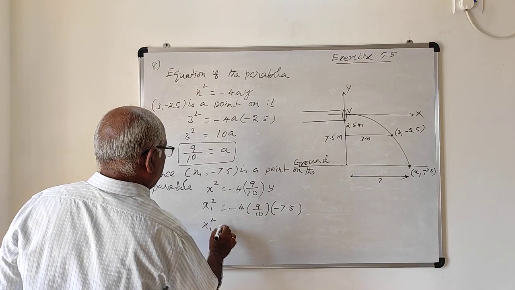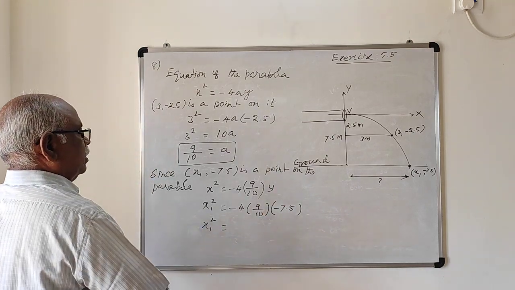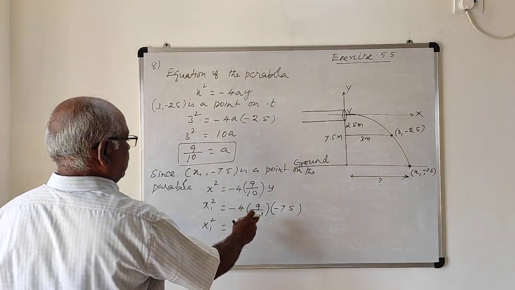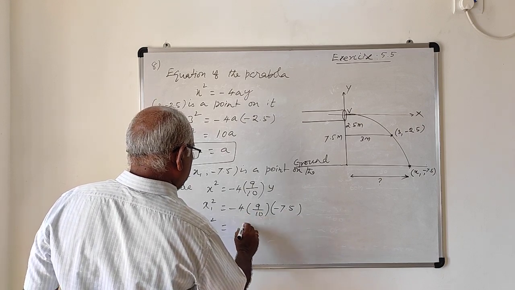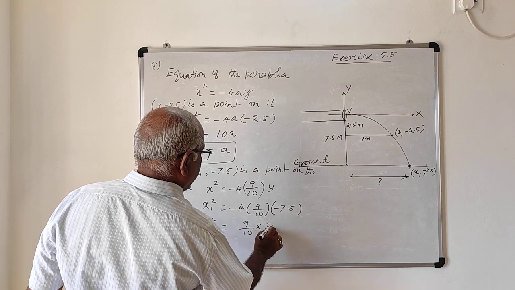So x1 square equal to minus into minus plus 4 into 7.5, which is 30, into 9 by 10.